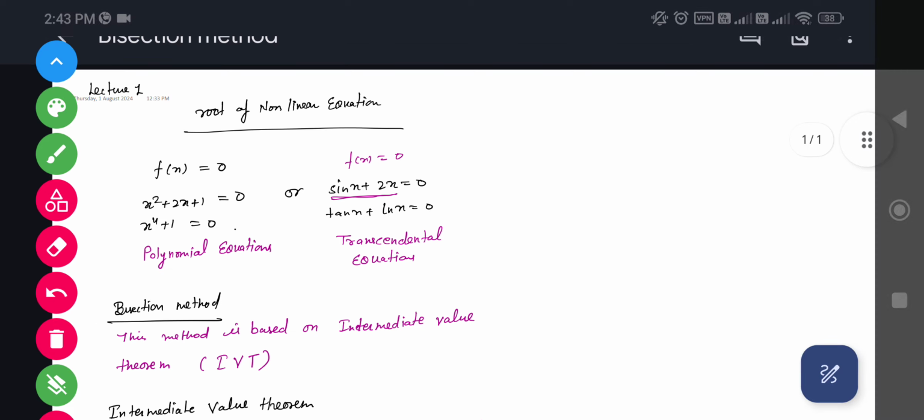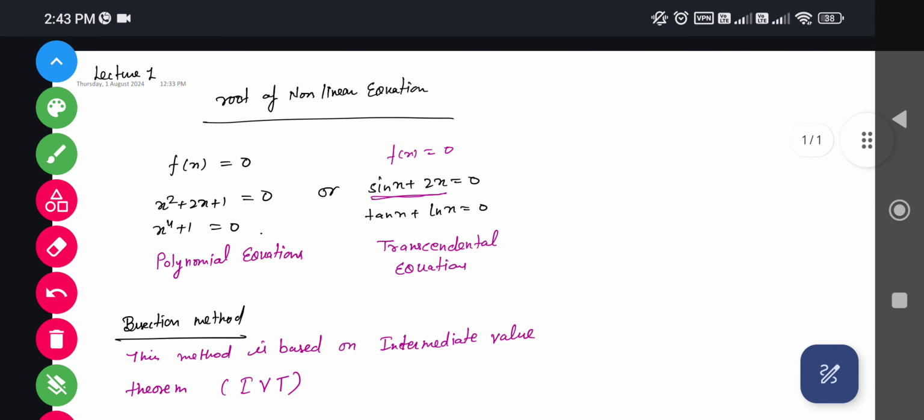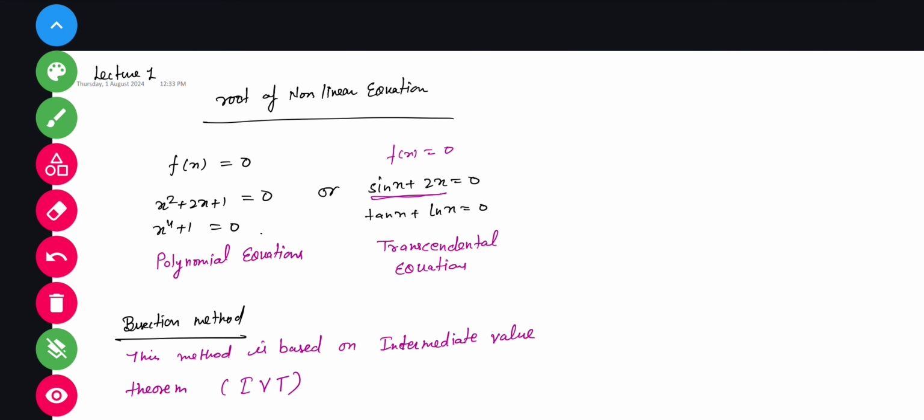First of all, we can see that we have different kinds of equations for which we can find the roots, right? The very simple type of equations are polynomial equations, and the complex ones are the transcendental equations.